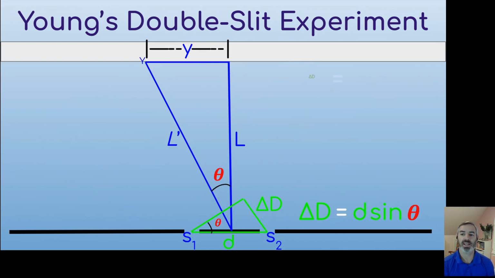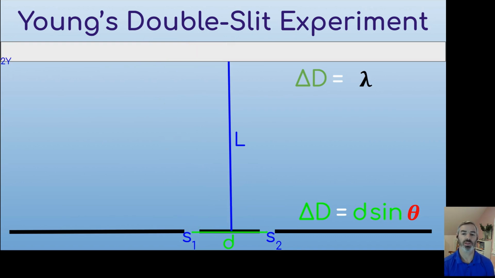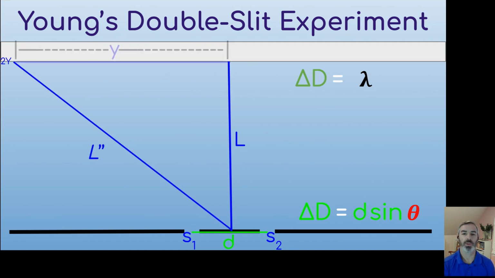Now, if delta D is equal to the wavelength of light for the first order magnitude, what does delta D represent for the second order magnitude? Let's draw the triangle, and we have L double prime, and then we draw the distance on the screen between those two, which is Y. We draw that line that goes from the middle of S1 perpendicular to L double prime, and I didn't put the arcs on there or the path, but that's where it ends, at S2.